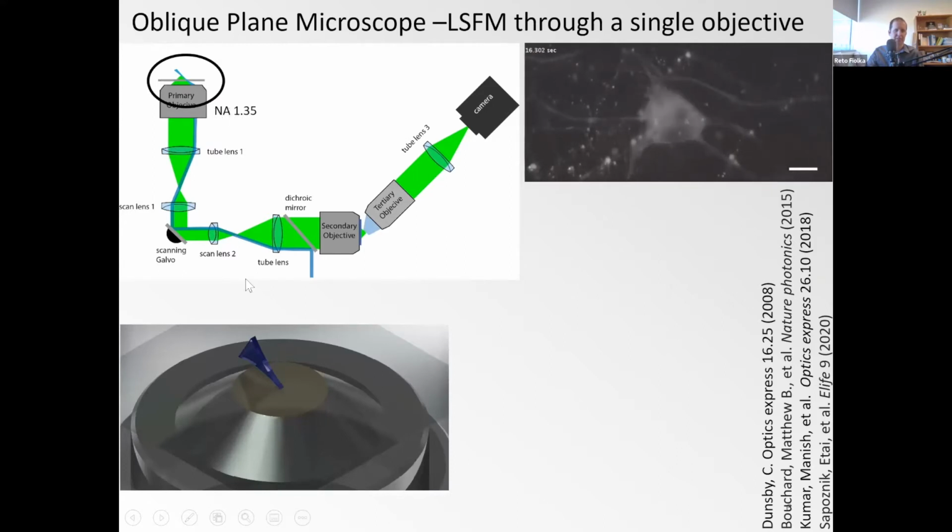We use an NA 1.35 silicon oil lens, and you launch an oblique light sheet out of that objective. That was invented by Chris Dunsby in 2008, remained a bit dormant, and got rediscovered or re-implemented by the group of Elizabeth Hillman in 2015 by implementing a much faster scan mechanism, which was then labeled SCAPE in that particular implementation.